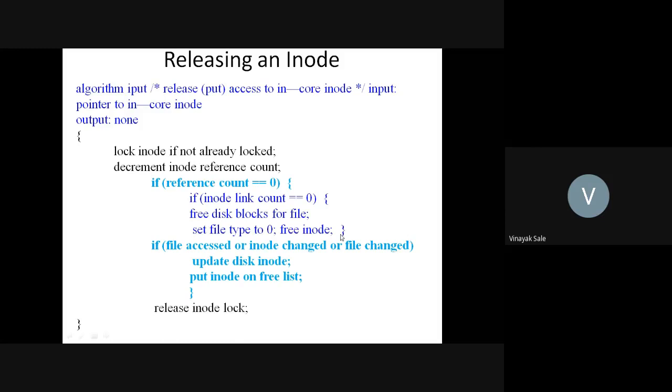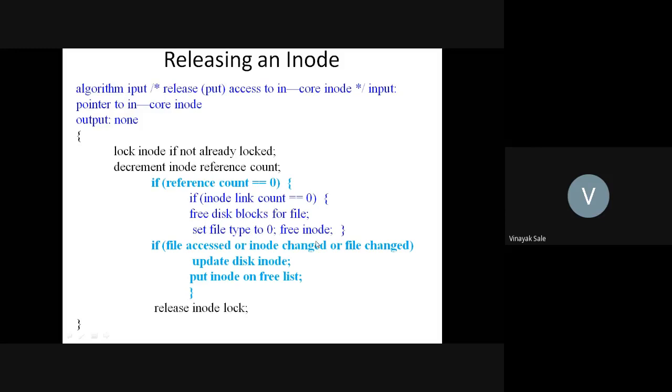The output is nothing. So here: lock the inode if not already locked. Decrement the inode reference count. If the reference count is equal to 0, and the inode link count is equal to 0, free the disk blocks for the file, set the file type to 0, and free that inode.